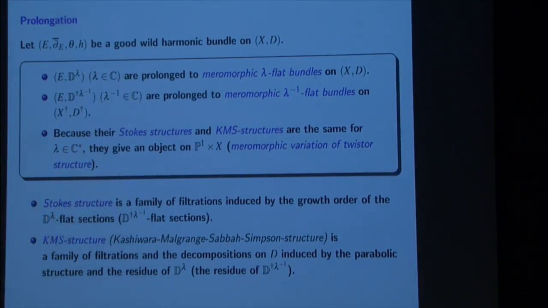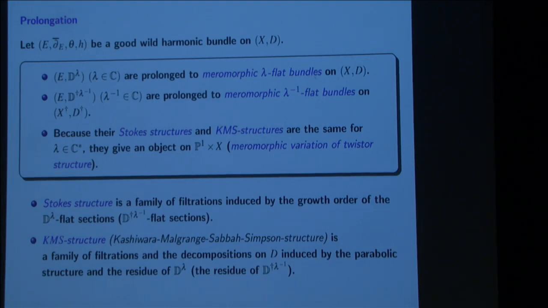Everything you're saying for wild harmonic bundles is also true for tame ones, right? Yes. Are there bundles that are not wild and not tame? No. Wild implies tame. So tame harmonic bundles are a subclass of wild harmonic bundles. Tame is easier. To clarify, in your main theorem, you have no assumptions about regularity.